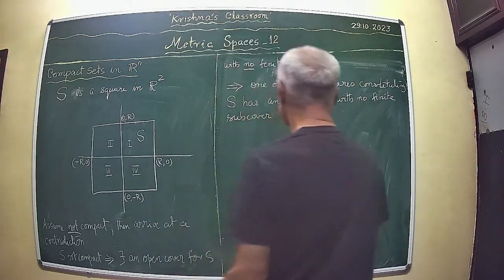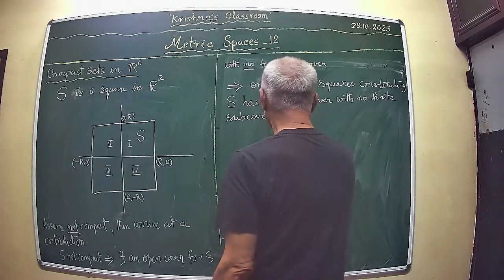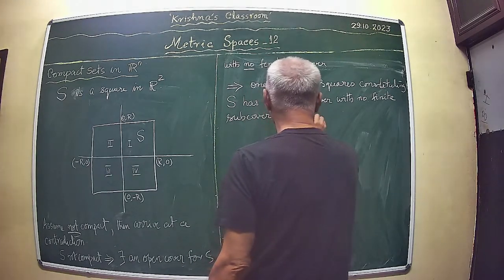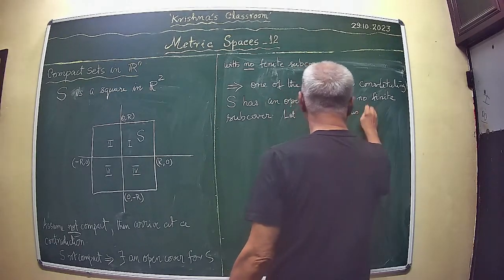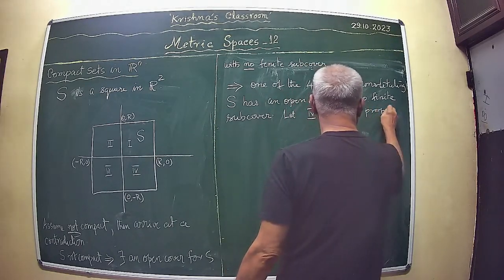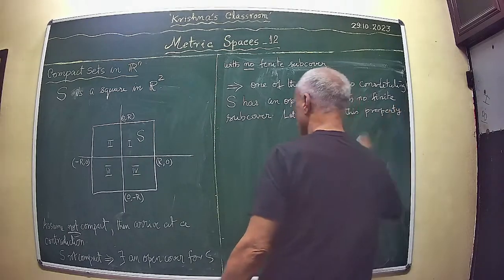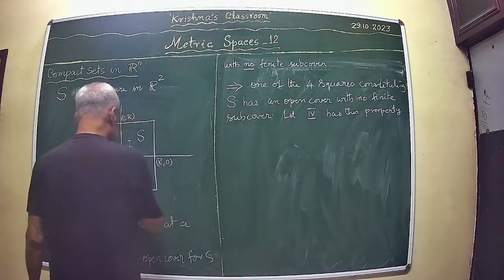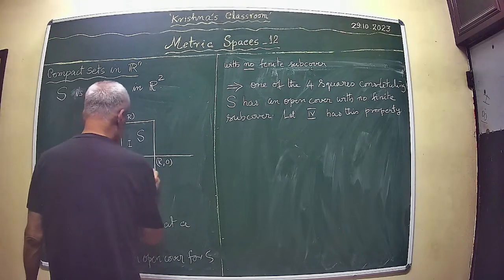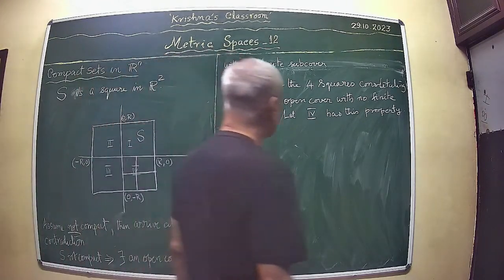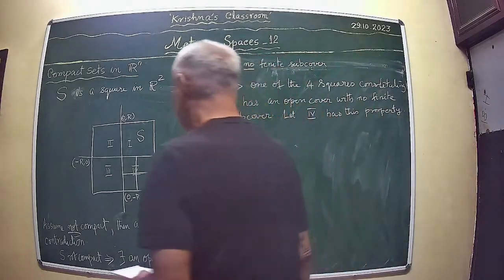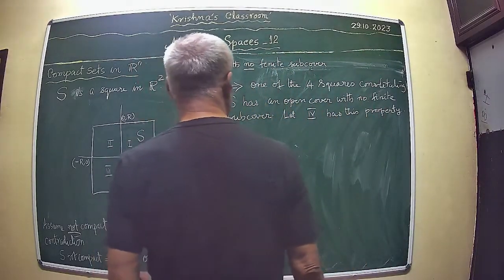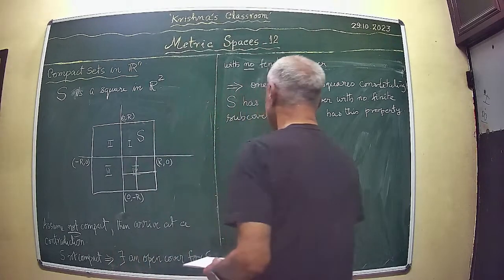Then you can subdivide this again into four equal squares. So one of them should have no finite subcover.